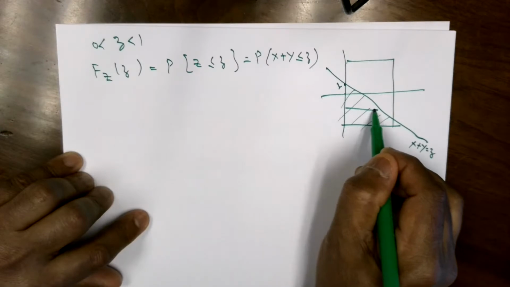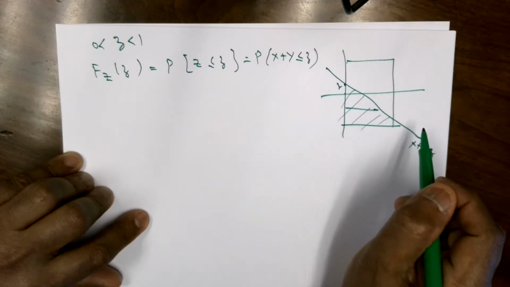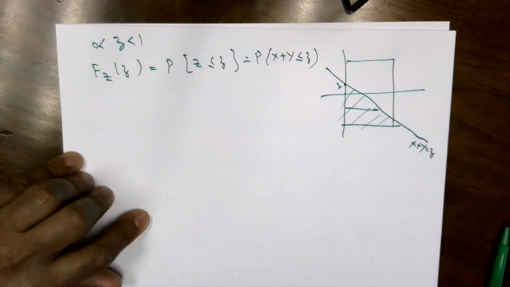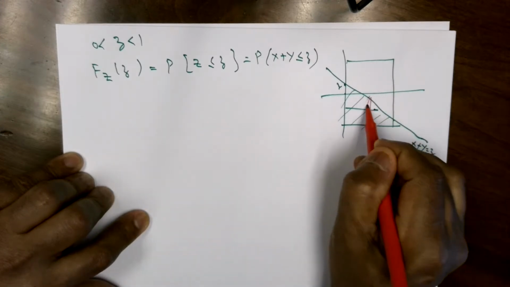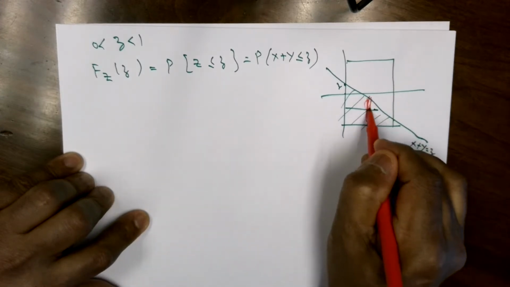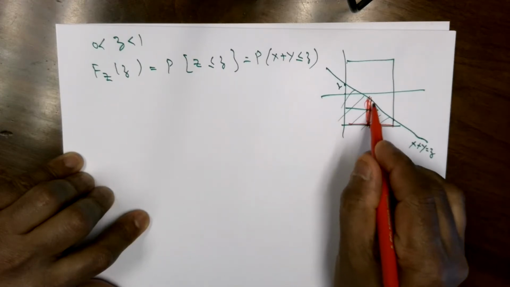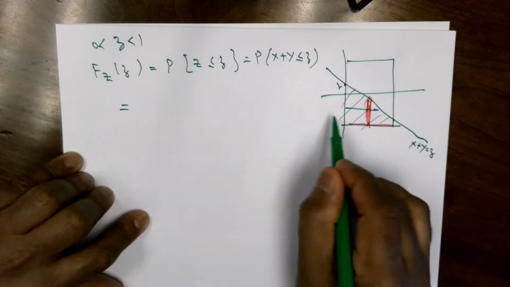Again, if I do a horizontal strip, when you reach here there is an issue. So it's better to do a vertical strip, and you can do it in one shot because of this. This vertical strip would slide easily from one end to the other.